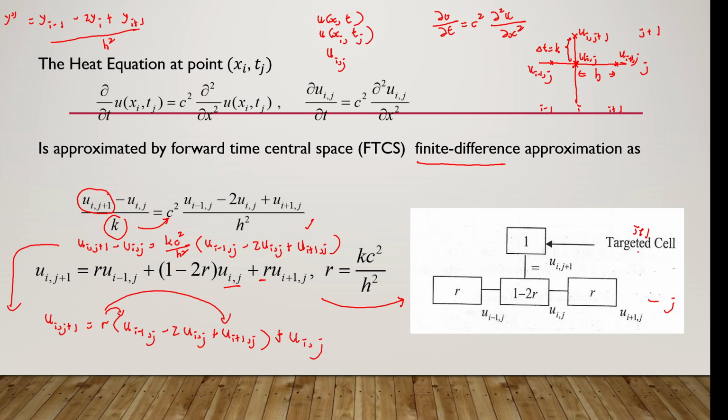With this molecule, we know the initial condition, the left boundary and the right boundary, then we can solve all the targeted cells up to the desired level that you need. Up to now, do you have any question before we go to the specific example? No. Okay, thank you. If no, we look at the example.